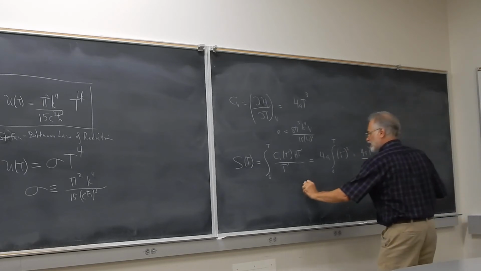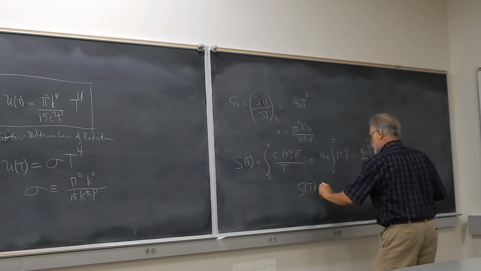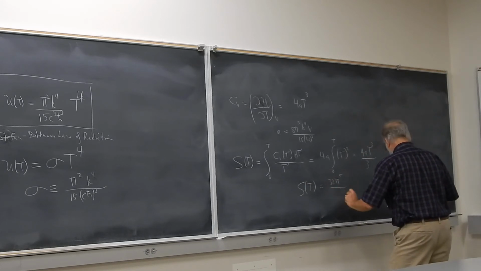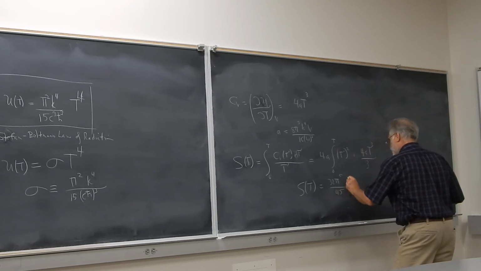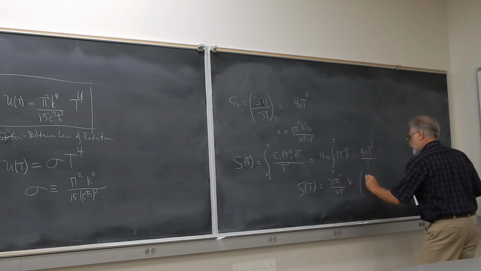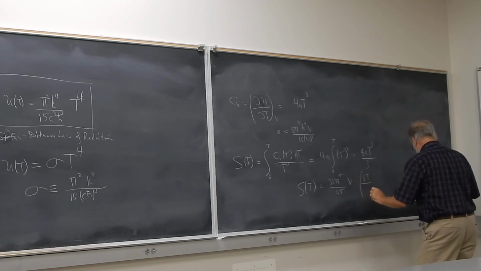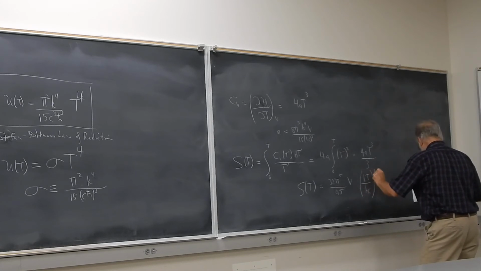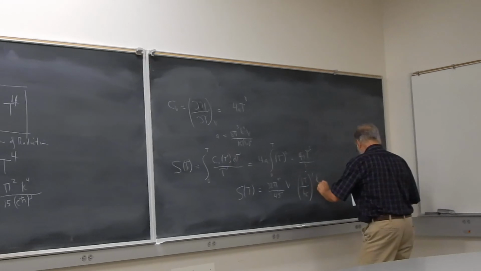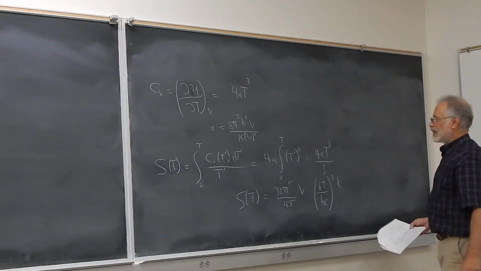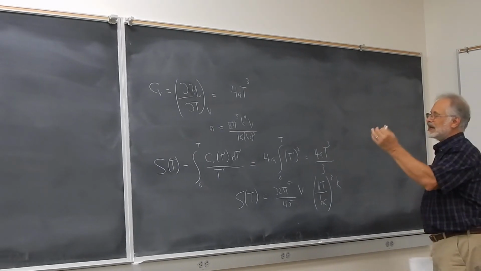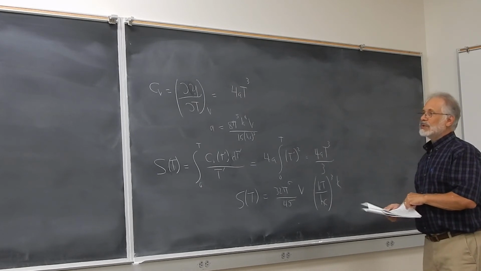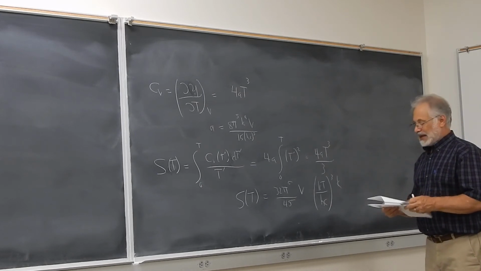Put it all together, the entropy can be written as 32 pi to the 5th over 45 times the volume, kT over hc cubed, times k. So you can get expressions for heat capacity and entropy following the work for the blackbody radiation.